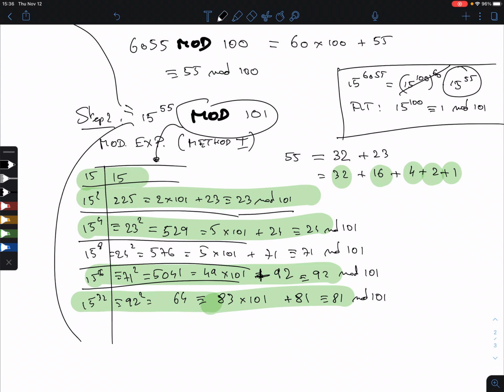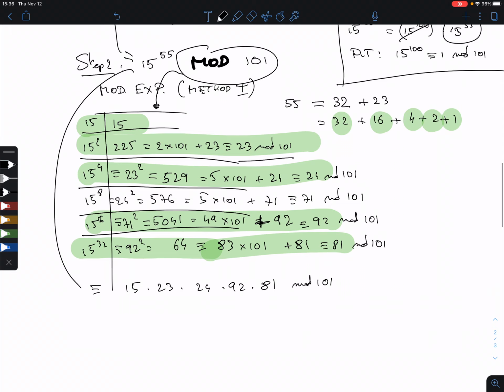So this is going to be equal to 15 times 23 times 24 times 92 times 81 mod 101. And again, I'll do groups. So 15 times 23, that is 345. That is 3 times 101 plus 42. Okay, so this becomes 42.